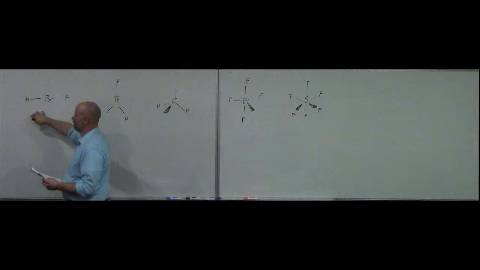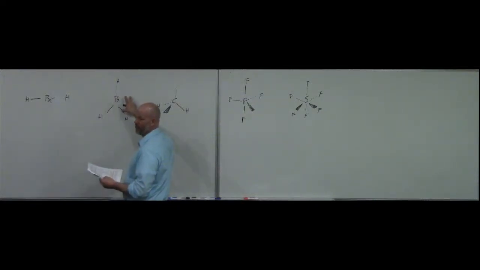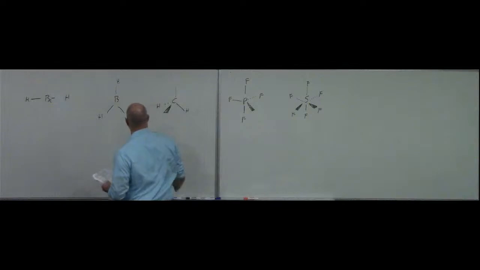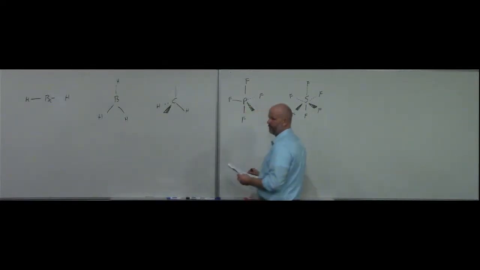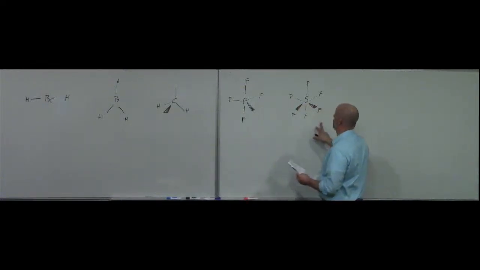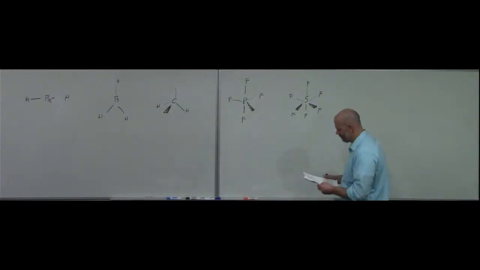Linear. This one's easy. These are in a plane, right? Two pyramids, so this is trigonal bipyramidal. And then finally over here, octahedral, so something with 8 faces on it.